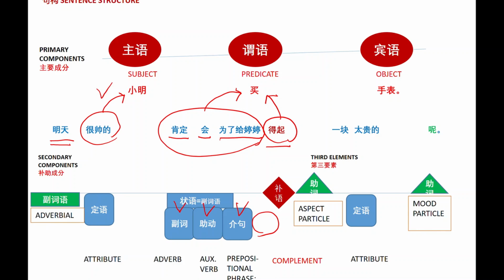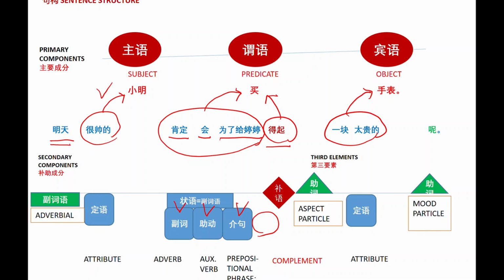So, be able to buy, 买得起. In this sentence, no 动态助词 is used. Next, another thingy, modifying the object: 一块太贵的手表.